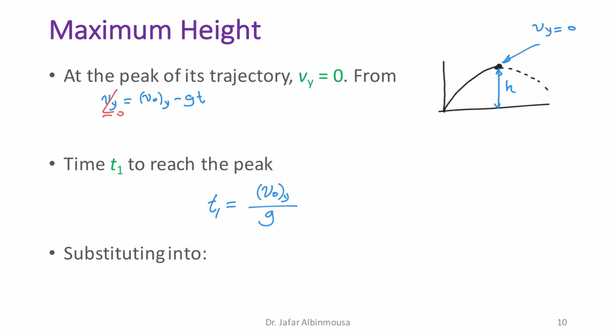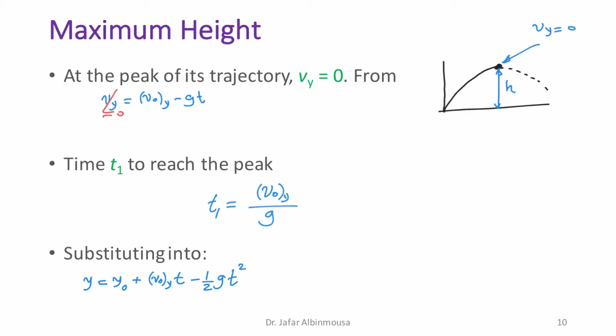So we use the other equation, which says y equals y0 plus v0y t minus half gt squared.